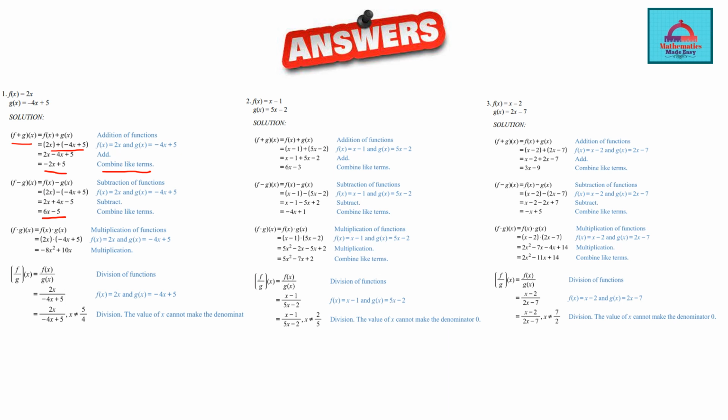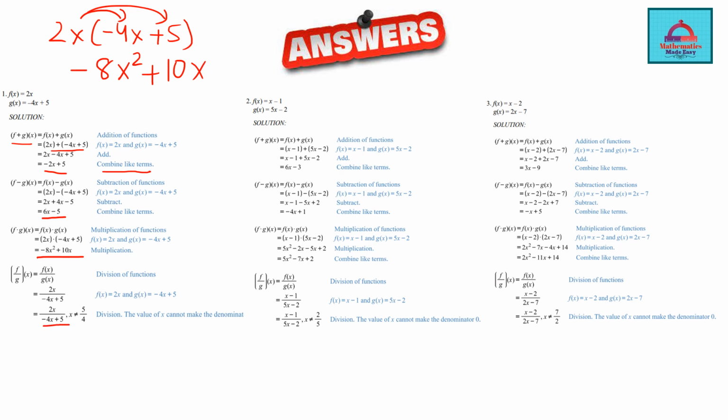When you multiply, you use the distributive property. So 2x multiplied with minus 4x plus 5, on distribution, would give you minus 8x square plus 10x. So this is the answer. And when you divide, you just have to keep it in the same way.